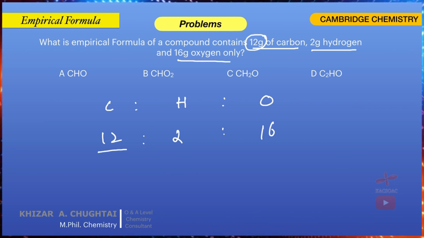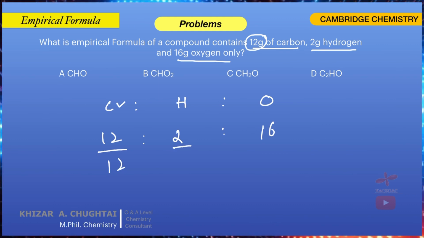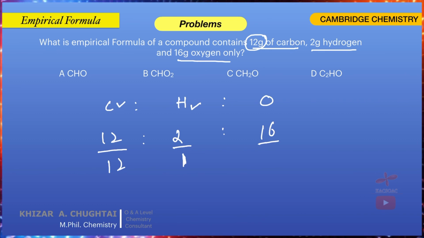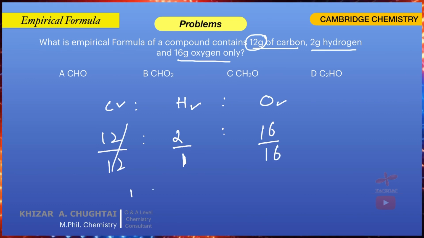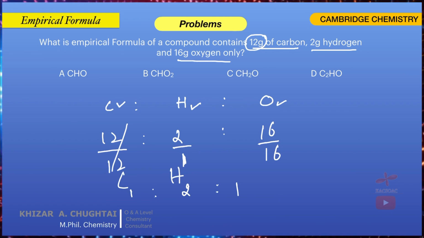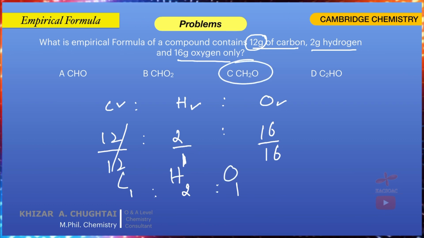So 12 divided by AR of carbon, that is 12, 2 divided by 1, the AR of hydrogen, 16 divided by 16, the AR of oxygen. So the answer is 1:2:1, and CH2O. C is the correct option.